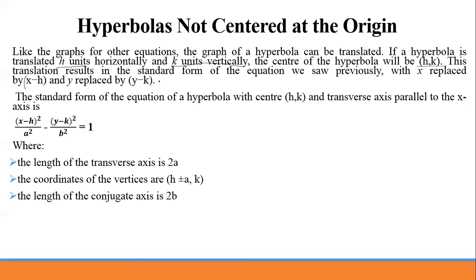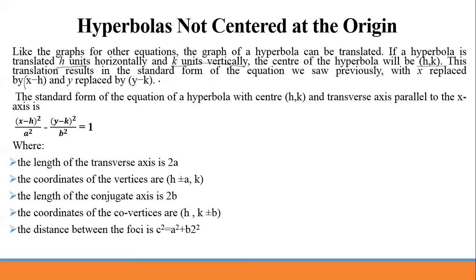The length of the conjugate axis is 2b. The coordinates of the co-vertices are (h, k plus or minus b). The distance between the foci is 2c, where c squared equals a squared plus b squared. The coordinates of the foci are (h plus or minus c, k).